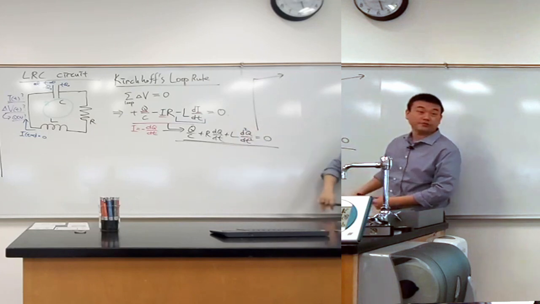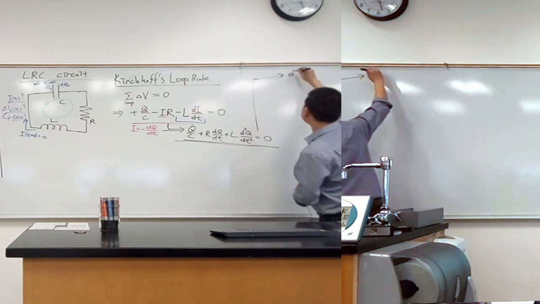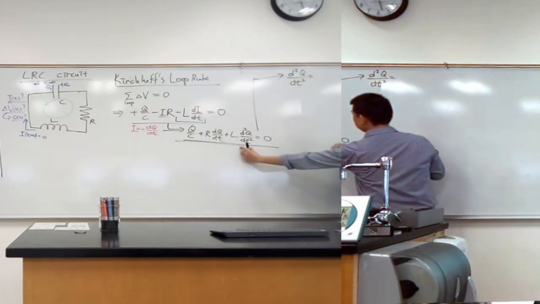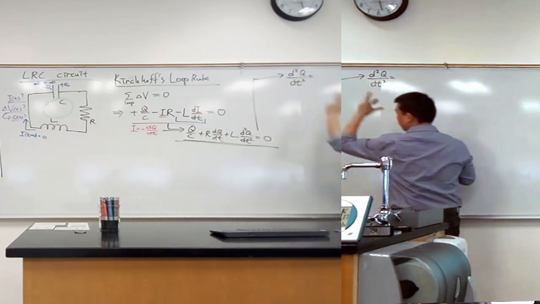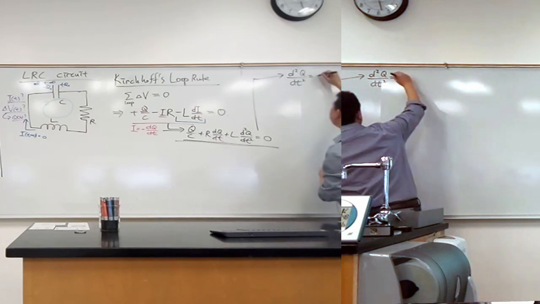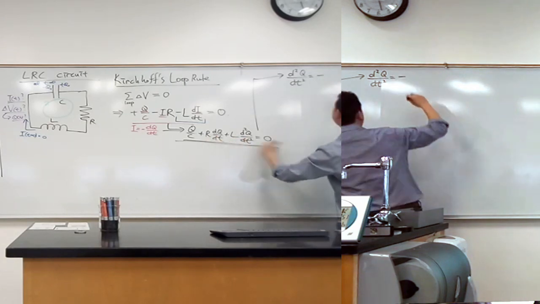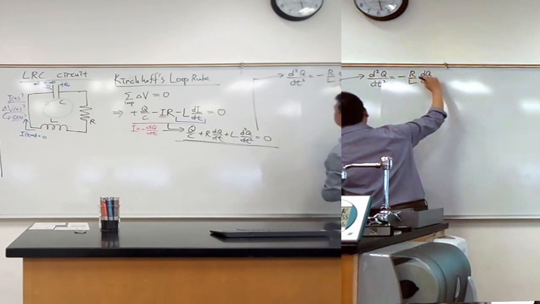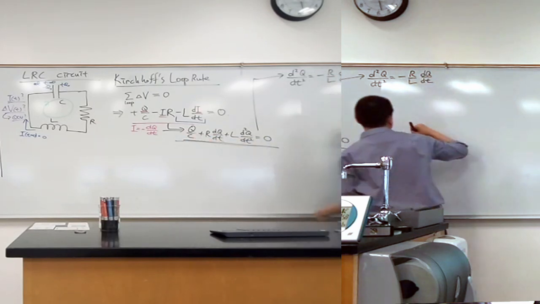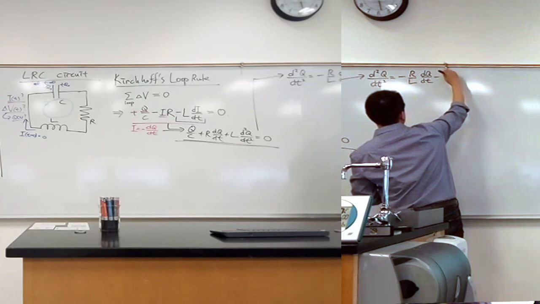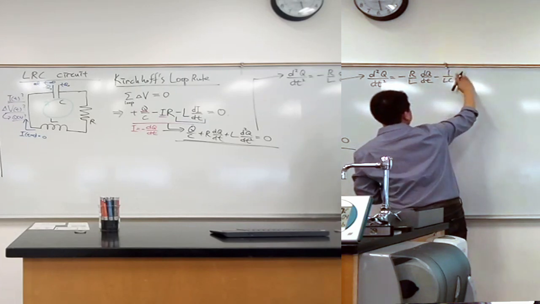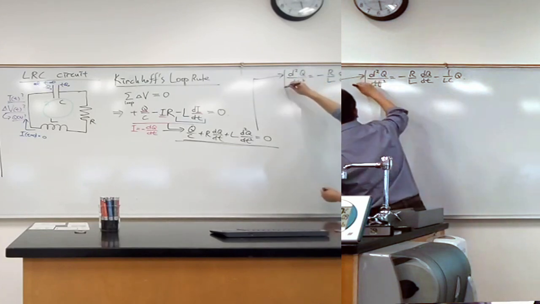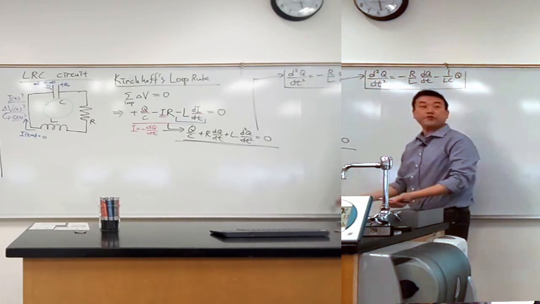So the second time derivative of Q is equal to, with all of this moved over, minus R over L, dq dt. And then the other term that I had last time also: minus 1 over LC Q.